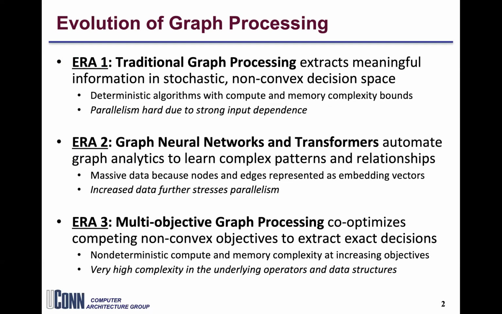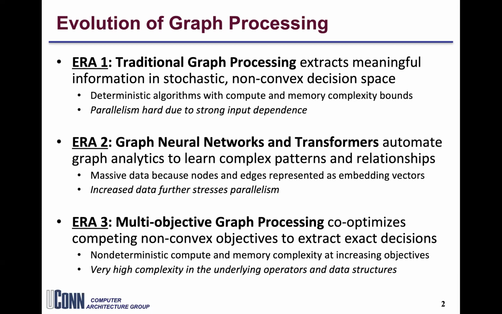For this, there have been a lot of deterministic algorithms that you operate on graphs with. These are computational and memory bound. But the main challenge here was this strong input dependence. Graph input dependence has hurt performance scaling in a parallel setting.